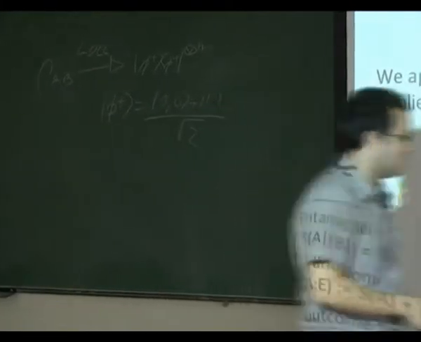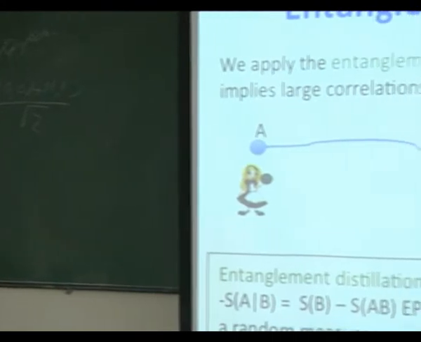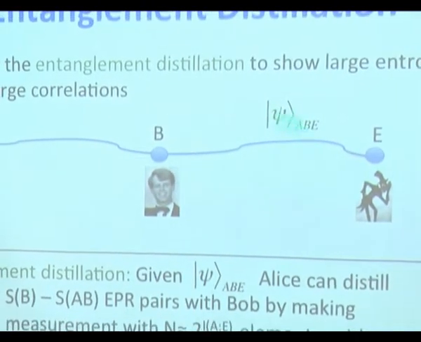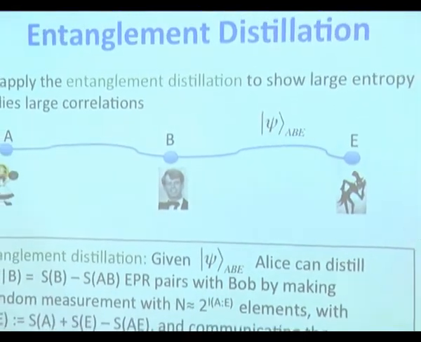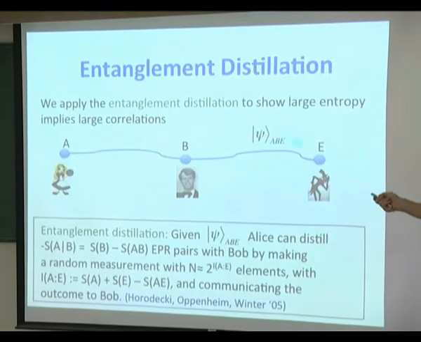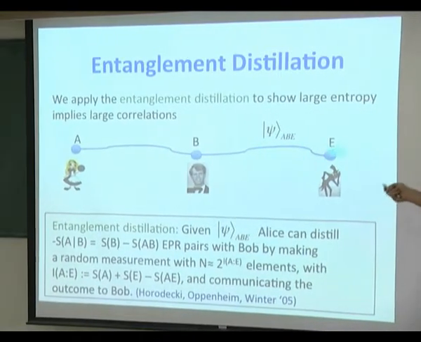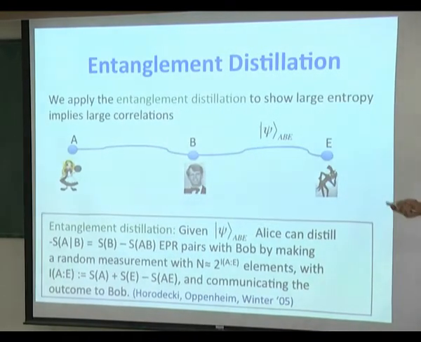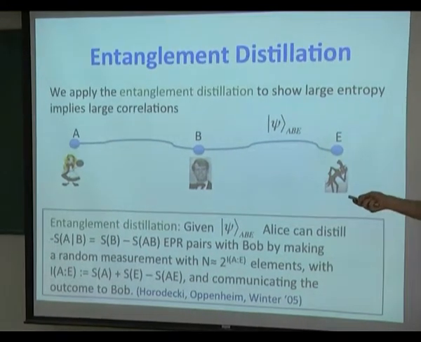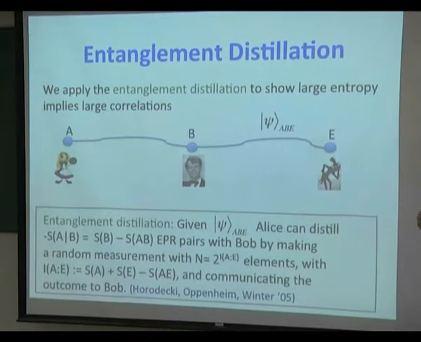So now, two interesting questions. First, given these states, rho AB, which is just the AB reduction of psi, this is just a purification. You have this state, but of course you can always purify it to some state psi on some environment. So given the state rho AB, we want to understand first what's the maximum number of copies of EPR pair that we can extract from it, right?